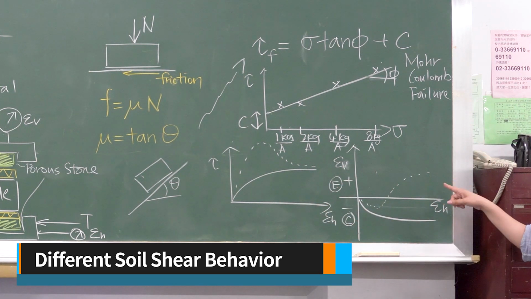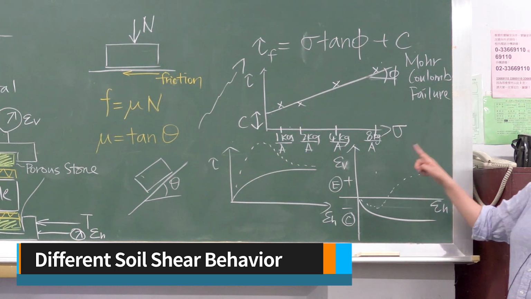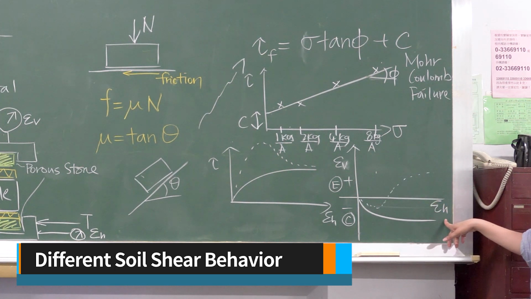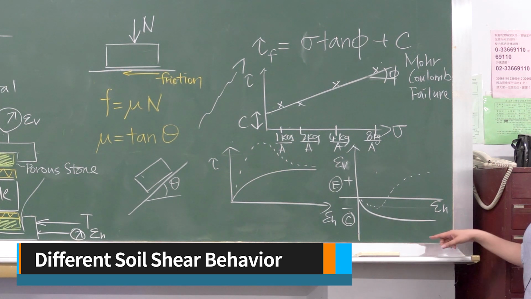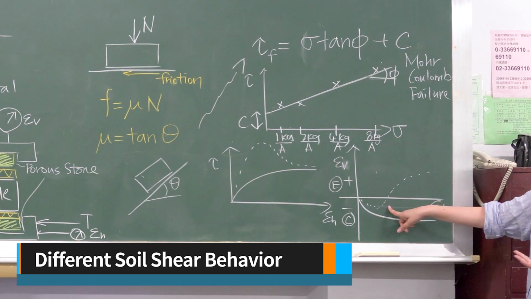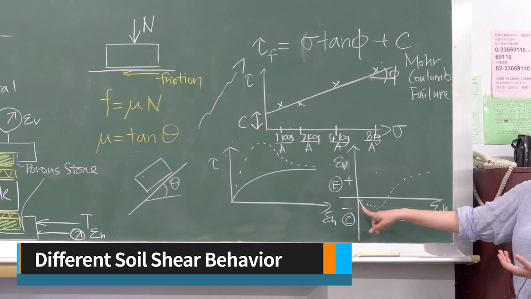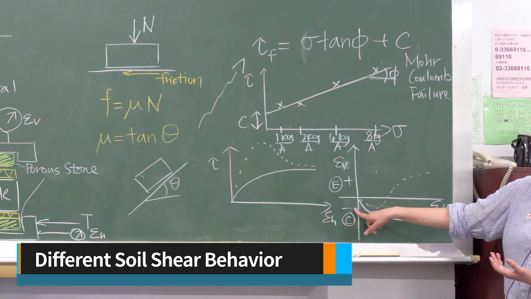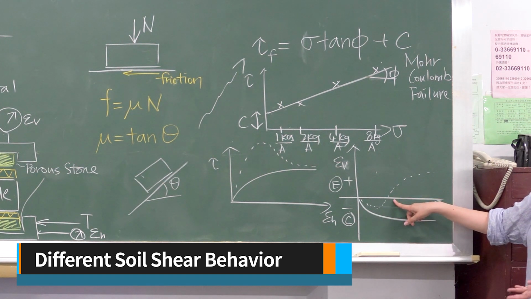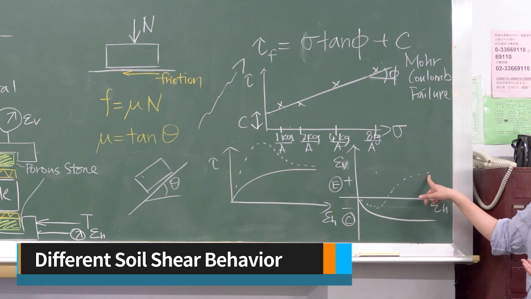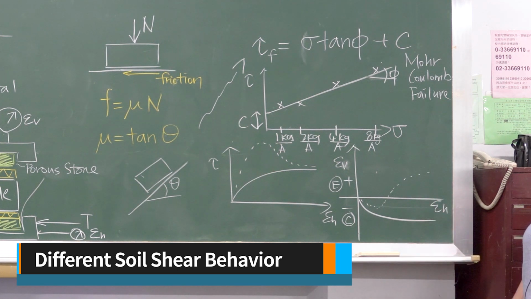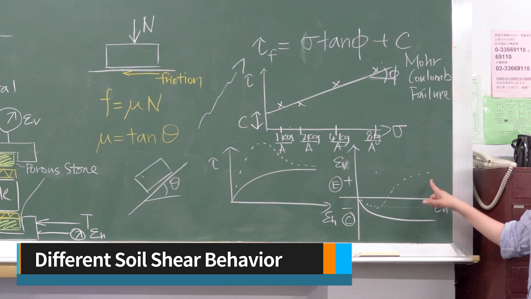If you look at another plot, which is a plot of vertical strain versus horizontal strain, what you will see for dense material is that you first expect a small compression, represented by the negative volumetric strain here. And then later there will be some expansion if you keep applying horizontal loading, as the horizontal strain increases.